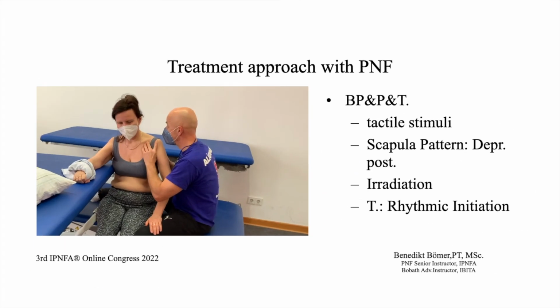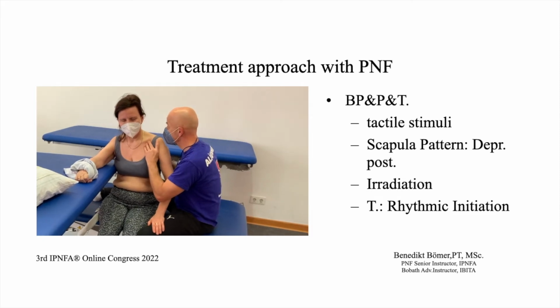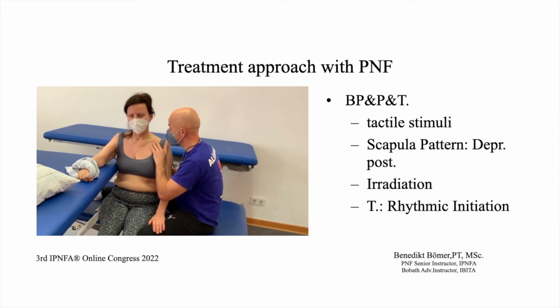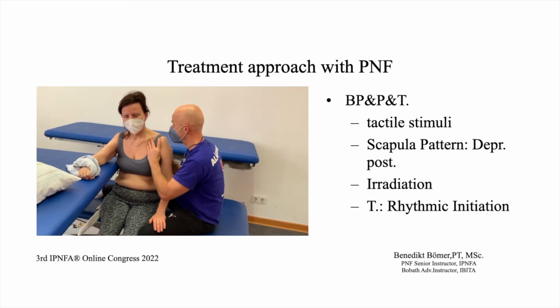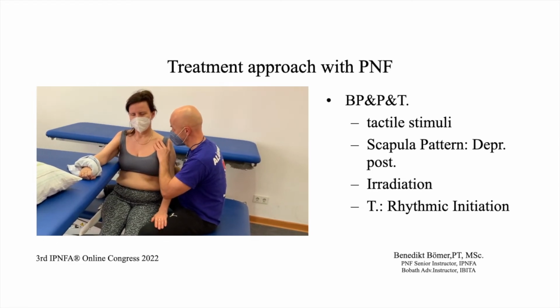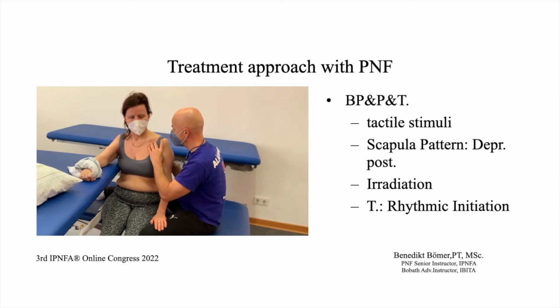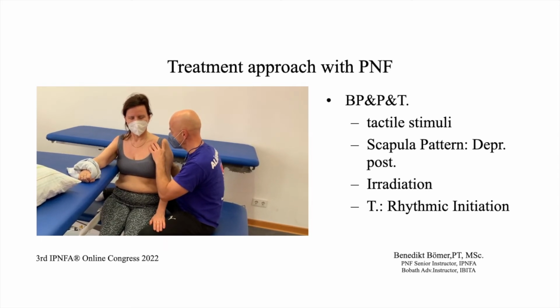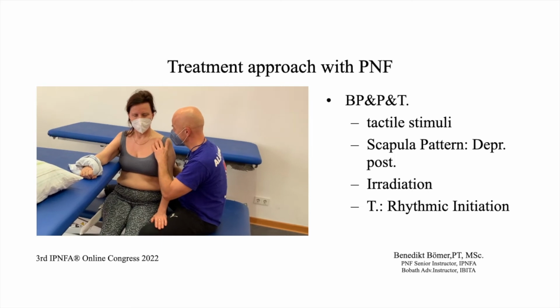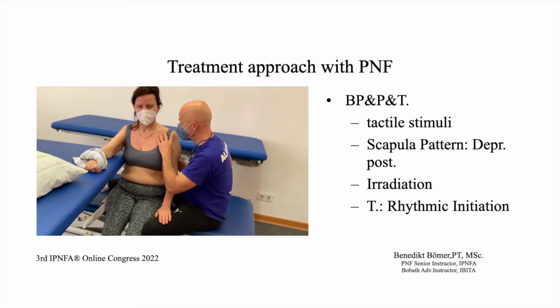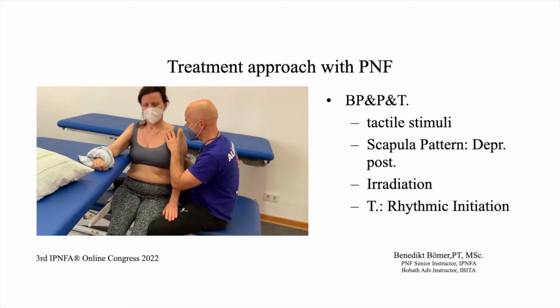Next step in my treatment is to work with my patient sitting. At first, I want to activate her left side to get more stability on this side using the scapular pattern depression posterior. Also, through this pattern, I activate with the principle of irradiation the opposite hip extension, abduction, external rotation.